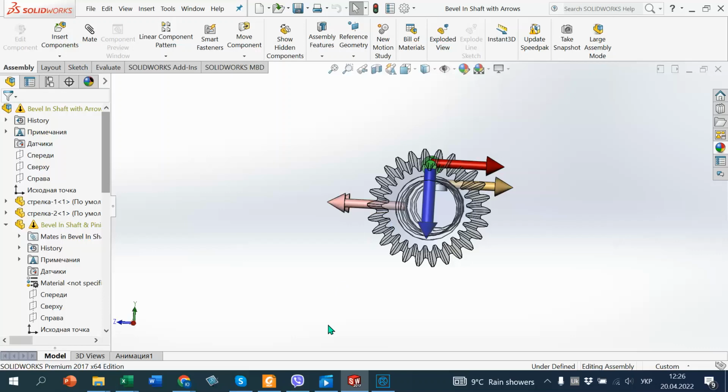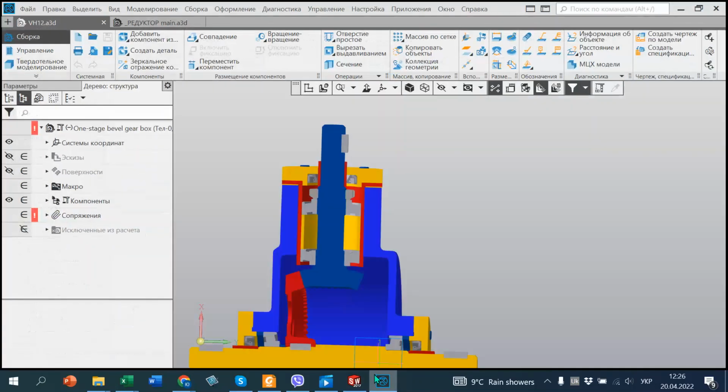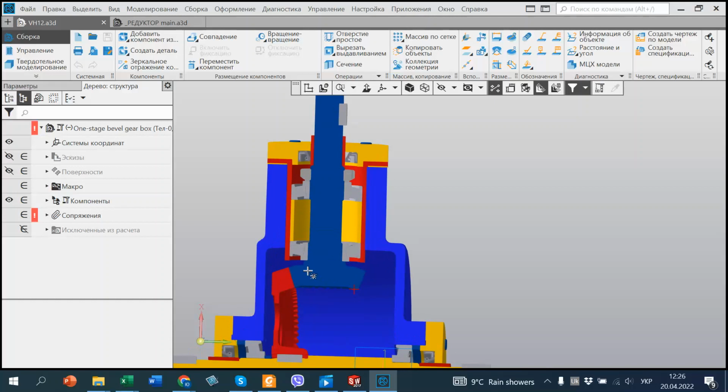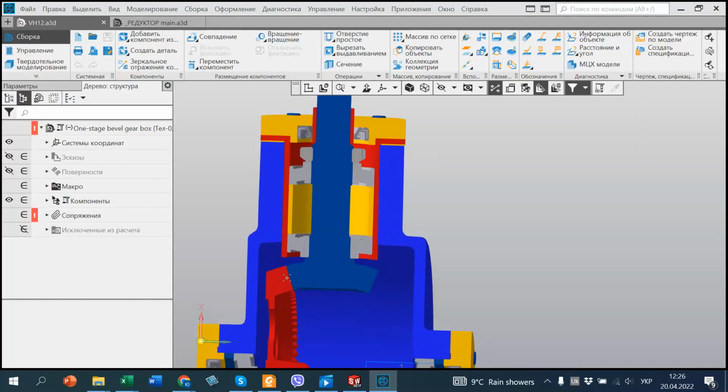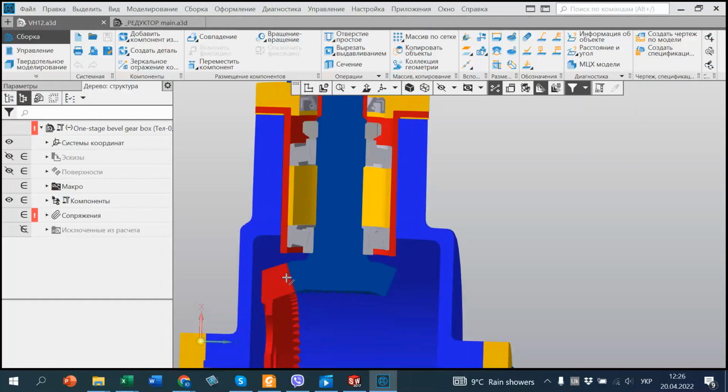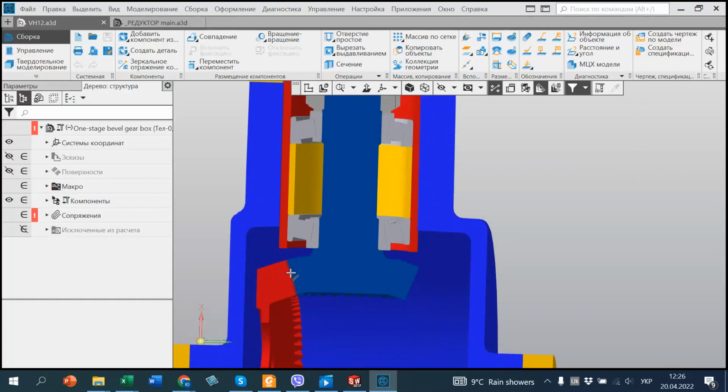For example, in such a case, contact here, and tangential force is perpendicular to the plane of the screen. In such a case, this force is horizontal.